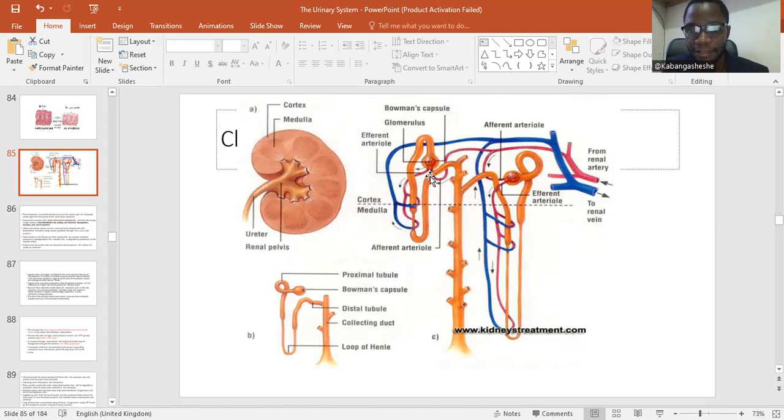That's the whole essence. Otherwise, if the tubes were straight, like it is shown here, you find that it would have been shorter and effective urine formation would have been a challenge. You find that excretion of waste was going to be slow, and therefore waste would accumulate in blood and cause various problems to the normal physiological function of the human body.